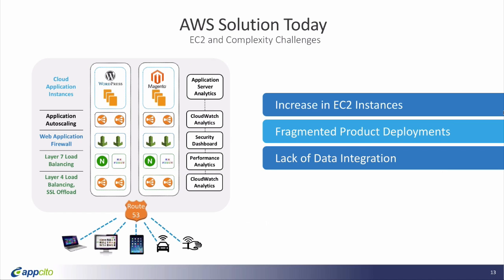And as you map the application specifics to the load balancers, the proxies, and the other autoscaling components, you have to do a multi-touch to each one of these instances, and that really leads to a fragmented approach of how you deploy these products and how you manage these products.